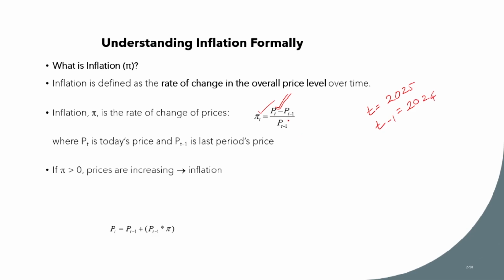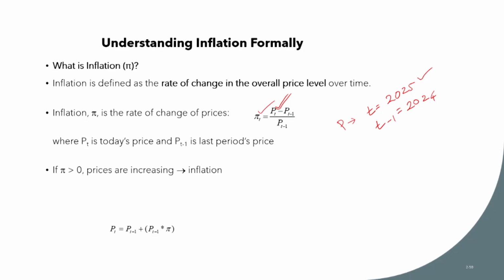Per this ratio formula, we calculate inflation as the price in 2025 minus the price in 2024, divided by the price in 2024. What we mean here is that P is not an individual price. Instead, we compute a price index by aggregating the prices of all the goods and services in an economy. So here P actually means the price index.